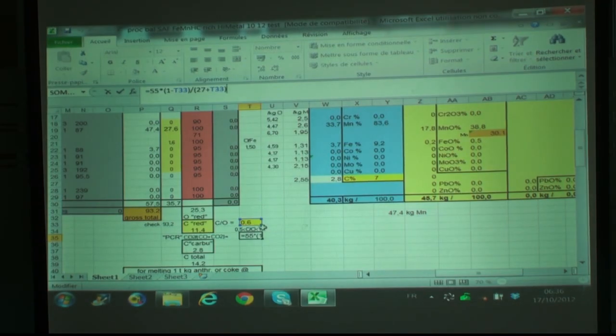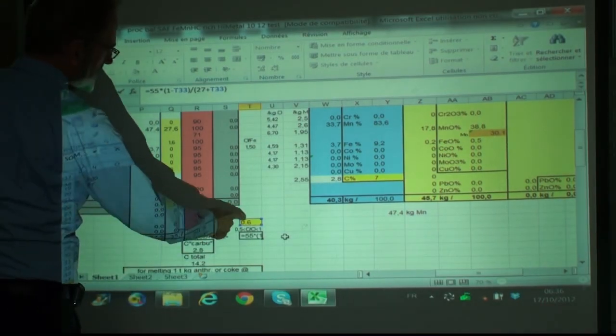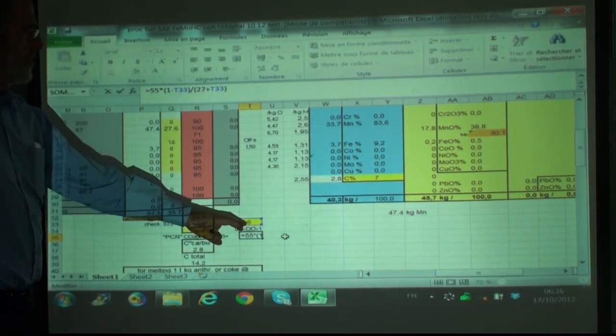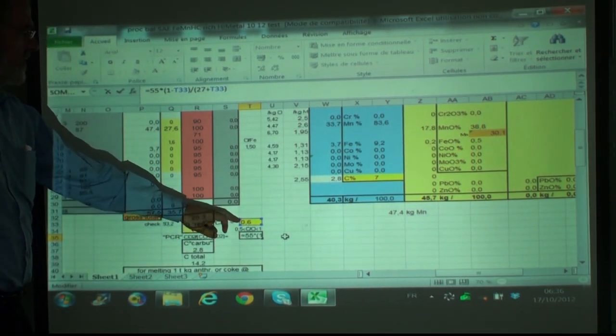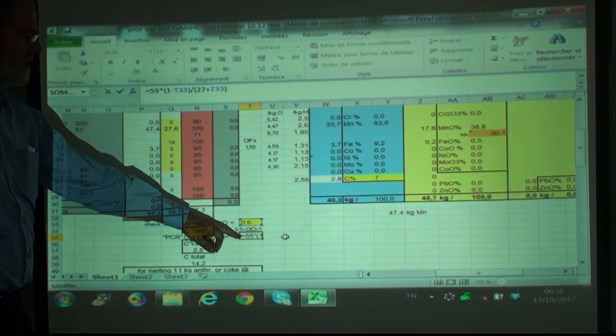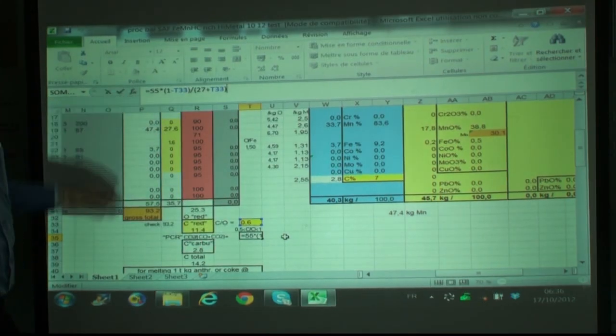It's not difficult. It's a simple formula. There is no other cell than this one. So when you give this, it is simply calculated.